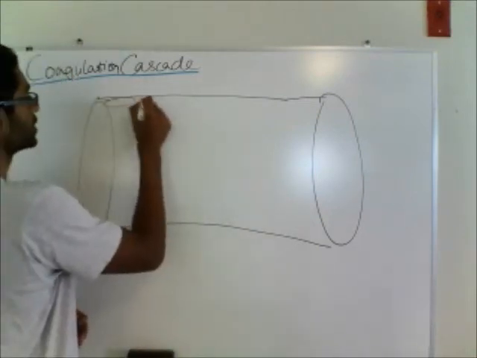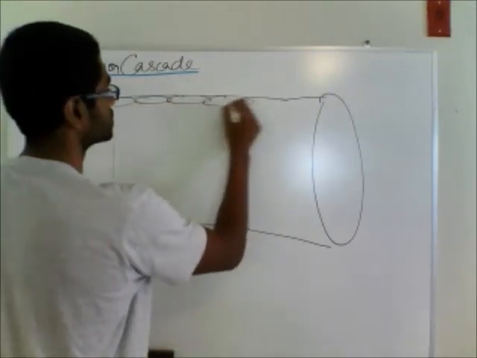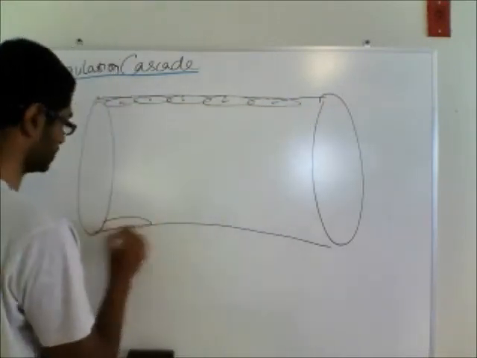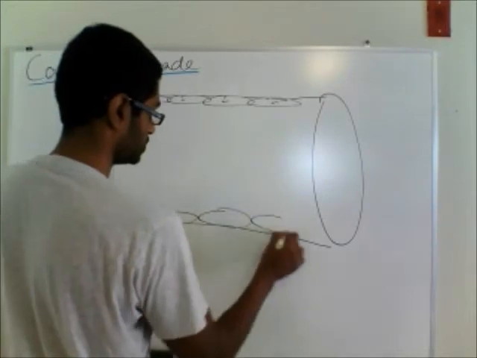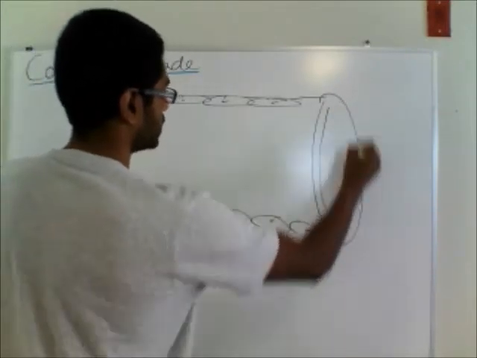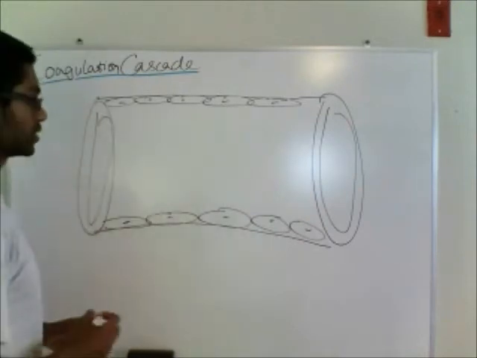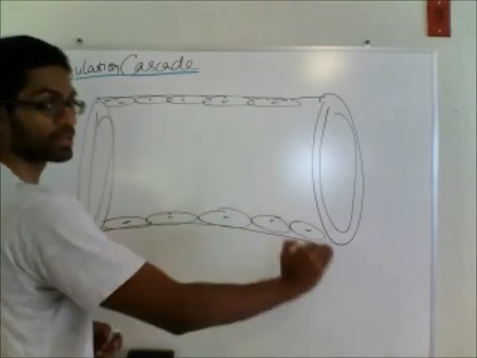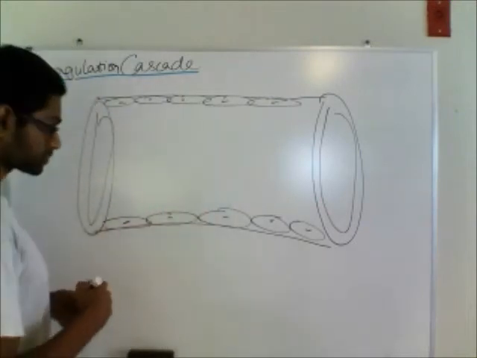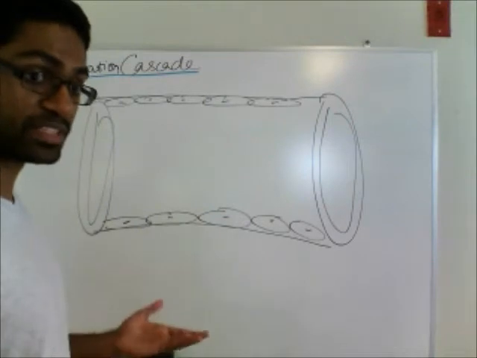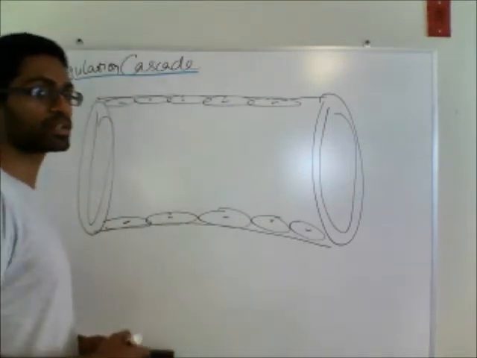It's filled with endothelial cells. I'm just going to draw them here. Nice nucleus. Boom. And there you go, you have a beautiful vessel. So you have your basal lamina and then the endothelial cell. Very basic.